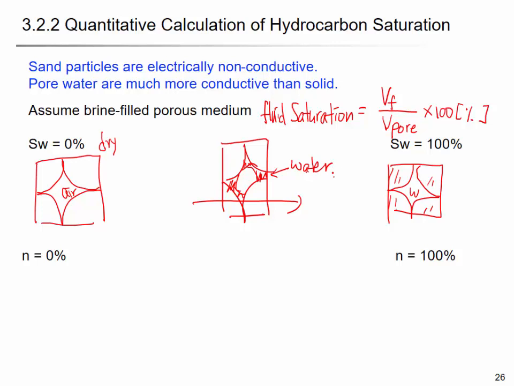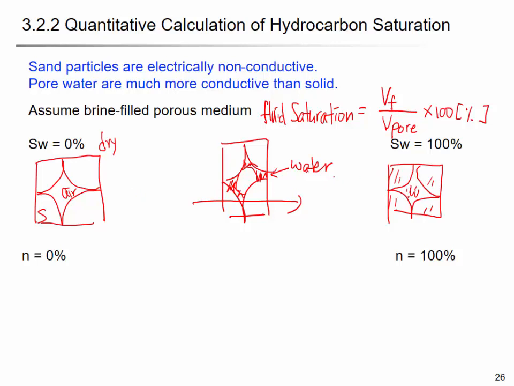Right? So as we go from the left side to the right, as we fill the water in the soil, what happens to the electrical resistivity? When you think about the path for electrons to flow, here this is all sand. Sand is non-conductive. You don't have any path for the electrons, right? And here you have all water.